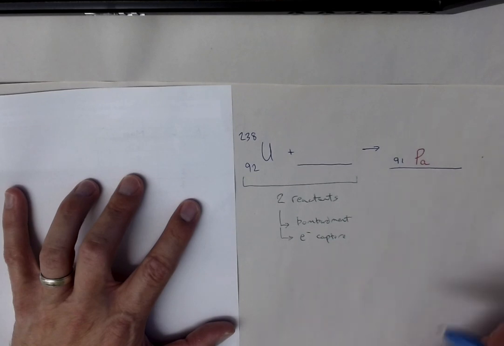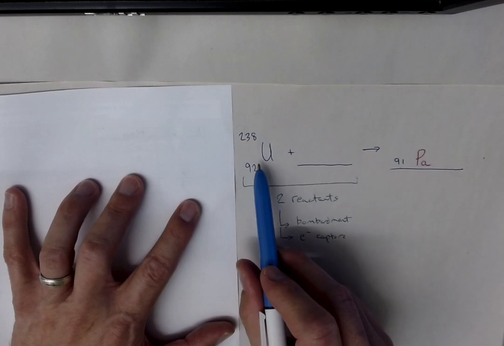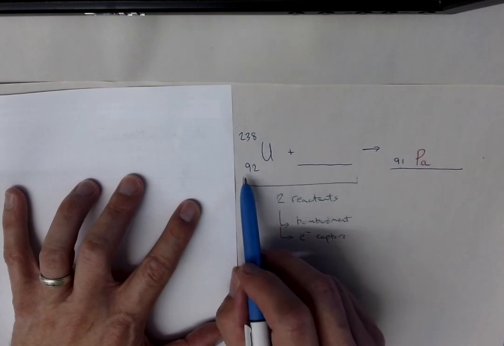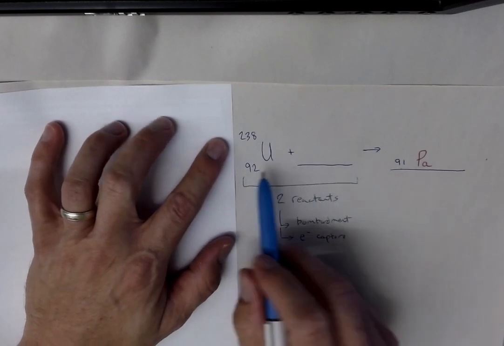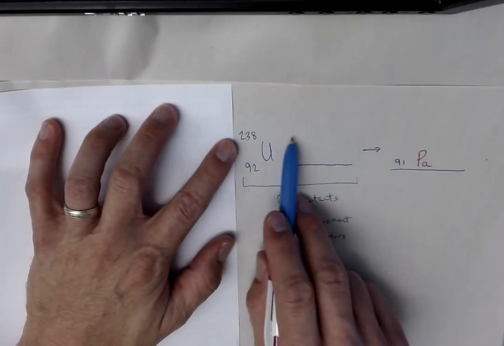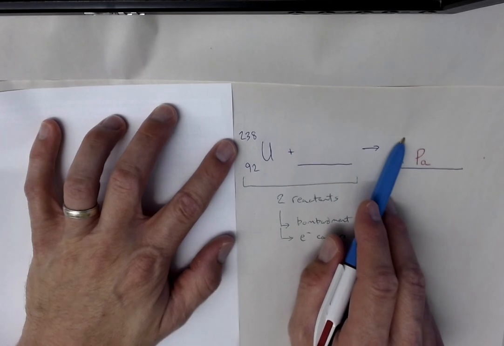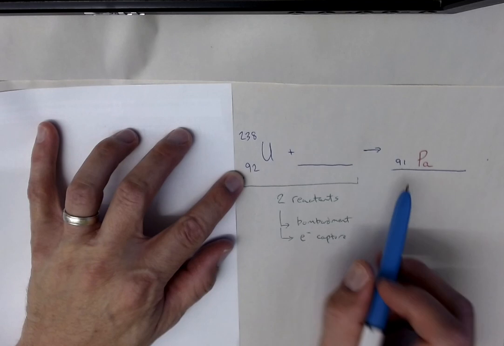Now, for the next mystery, I need to use the idea of conservation of mass number and conservation of atomic number. I don't have enough information on mass number right now; I have two unknowns, so I'm going to leave that for the time being. I'm going to look at conservation of atomic number.